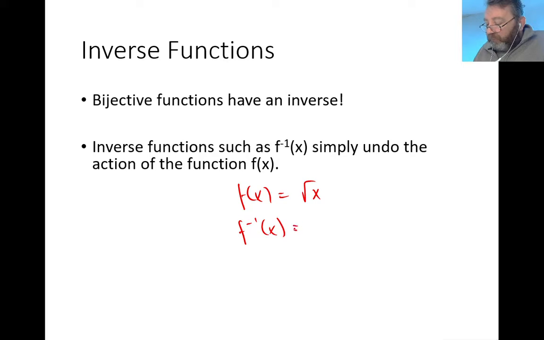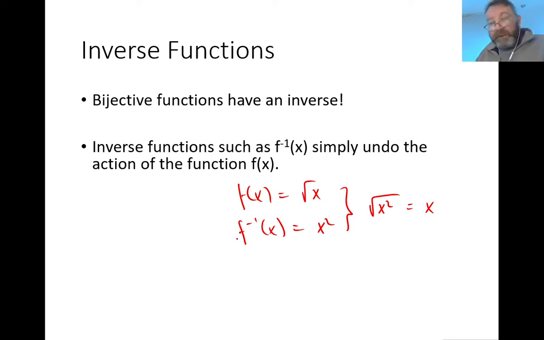The inverse function to that would be x squared. So that when these two meet, here's what happens. You bring them together and you get the square root of x squared. And obviously you know what happens in that case. The functions cancel one another and they leave you with the original value of x intact. Okay, so that's just an example of where you have a function f of x and an inverse function.